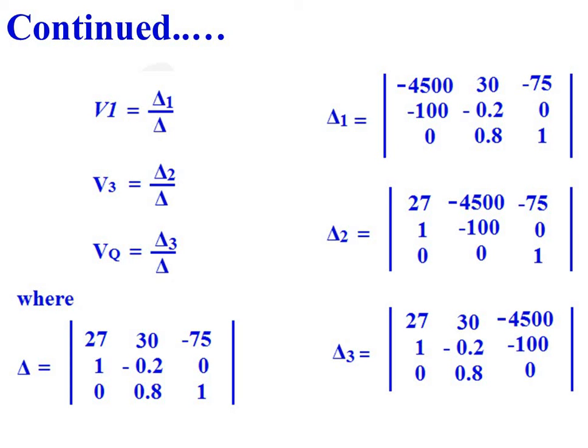Delta 2 is equal to determinant of 27, minus 4500, minus 75, 1, minus 100, 0, 0, 0, 1. And finally, delta 3 is equal to determinant of 27, 30, minus 4500, 1, minus 0.2, minus 100, 0, 0.8, 0.